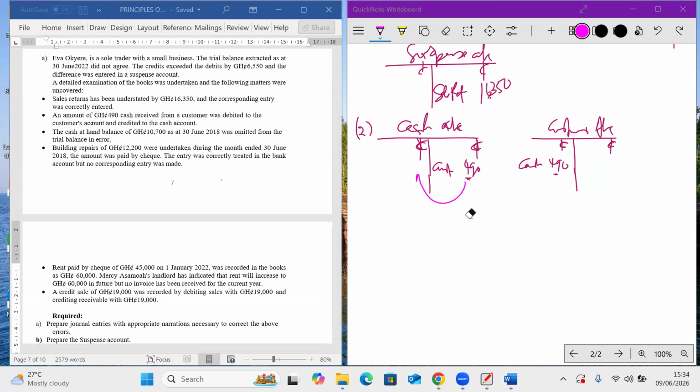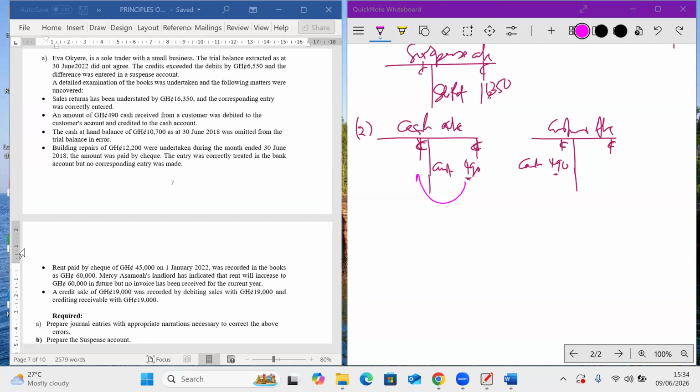Watch. An amount is cash received. And I said that cash has receipts and payment sides, isn't it? So if somebody has paid money, and the business has received money from the customer, won't they record it on the debit side? No, but they recorded it on the credit side. So it's an error.